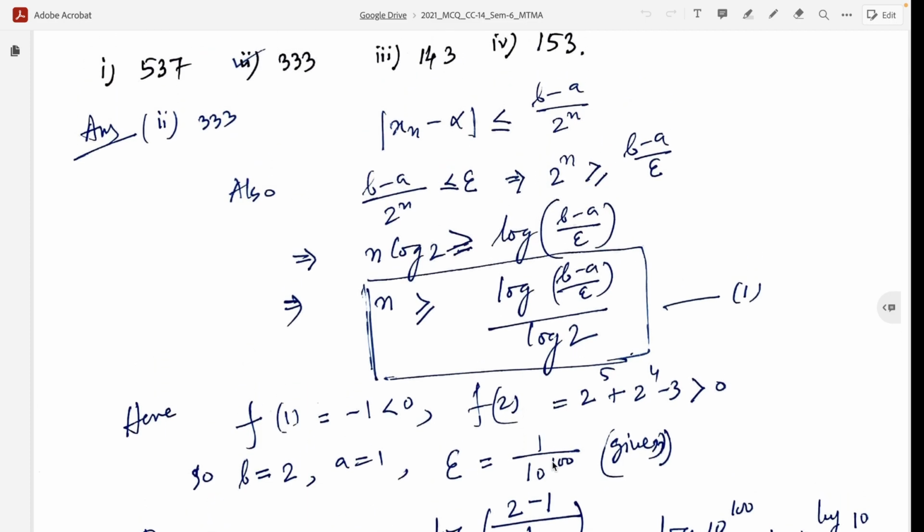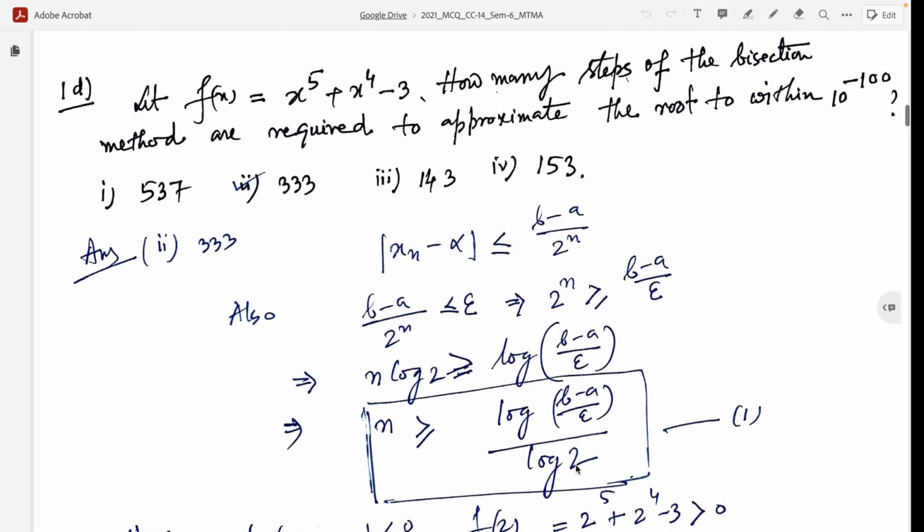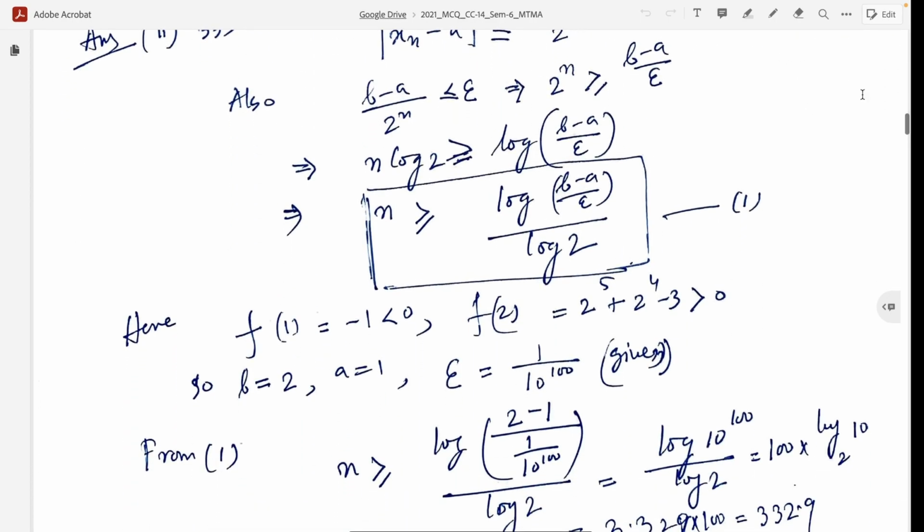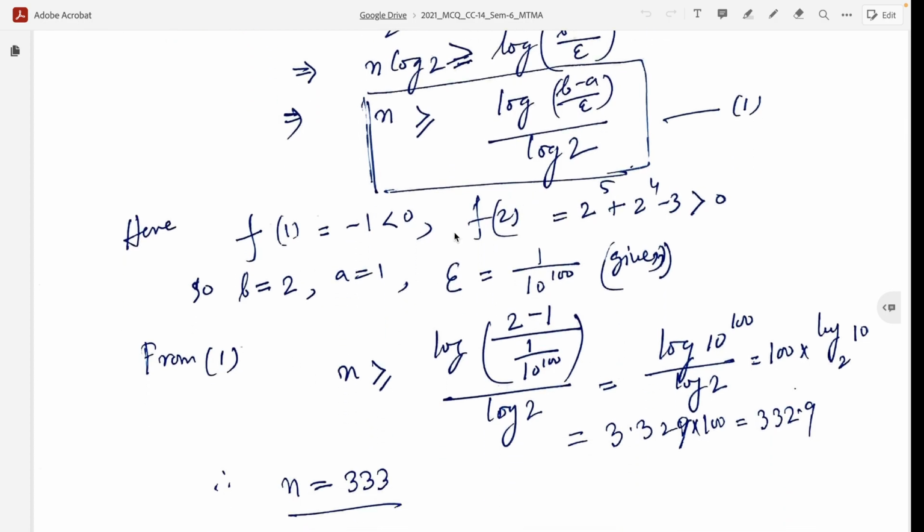So here b equals 2 and a equals 1, and epsilon equals 1 by 10 to the power 100, because the root error is 10 to the power minus 100, so epsilon is 1 by 10 to the power 100. Putting all these in inequality 1, n is greater than or equal to log of (2 minus 1) by epsilon, 1 by 10 to the power 100, over log 2.